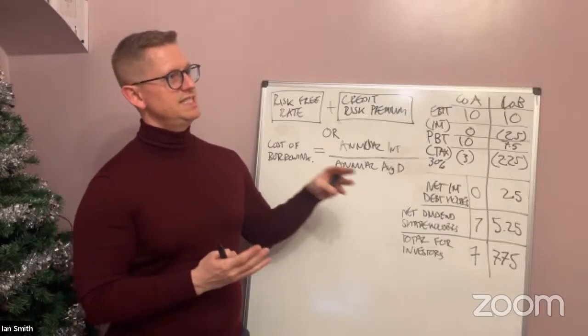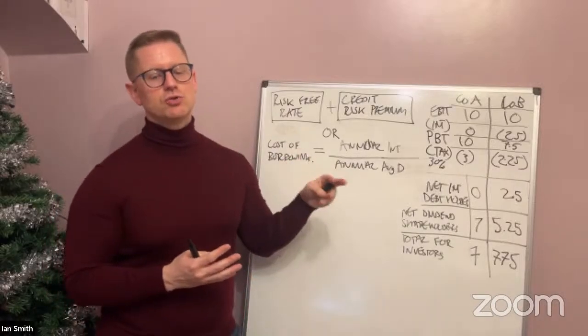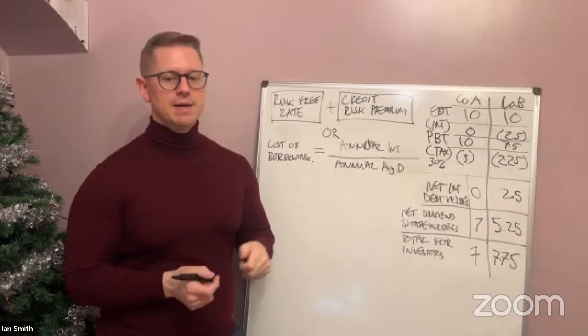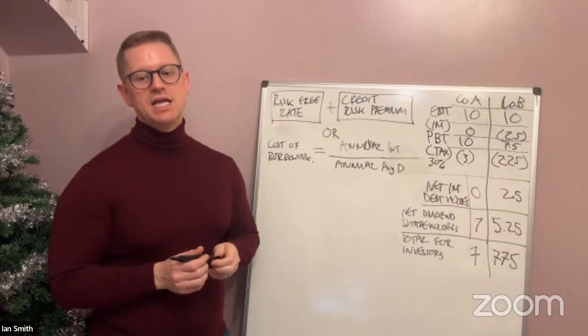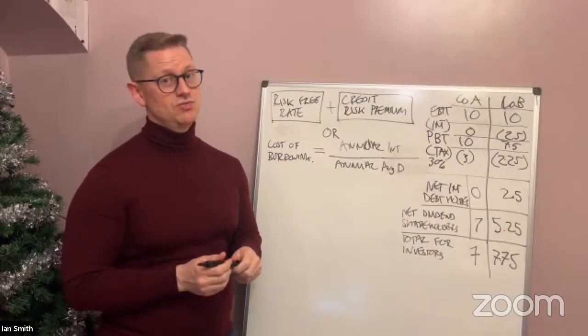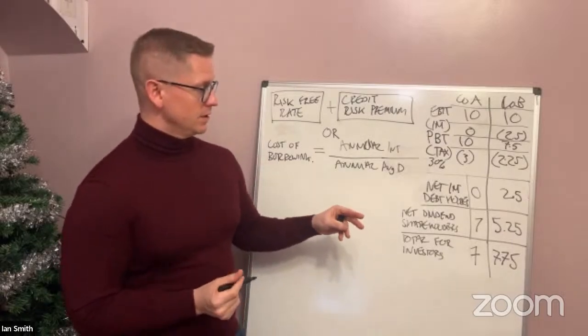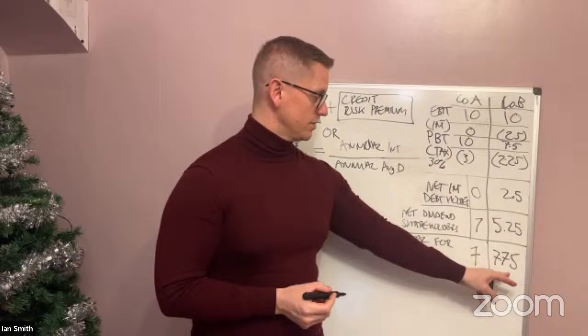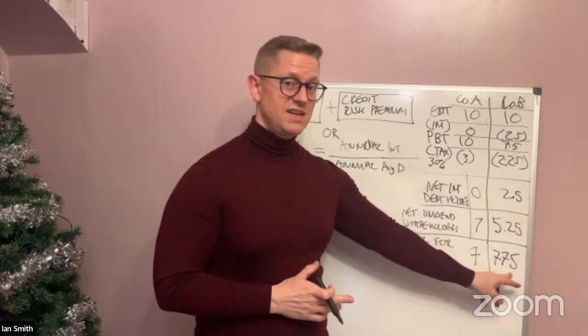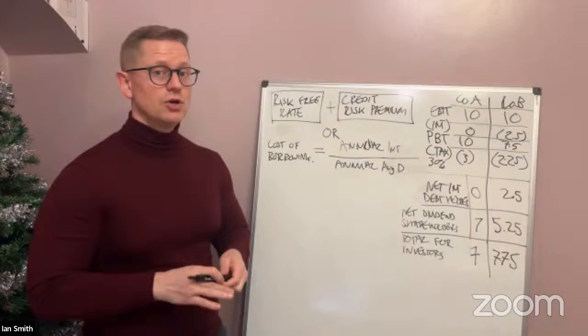The true cost of debt is not the gross interest paid, but it is the net interest paid after tax relief. So it's essentially a gift from the government. This business is worth 750 grand more because it's chosen to have debt on its balance sheet.